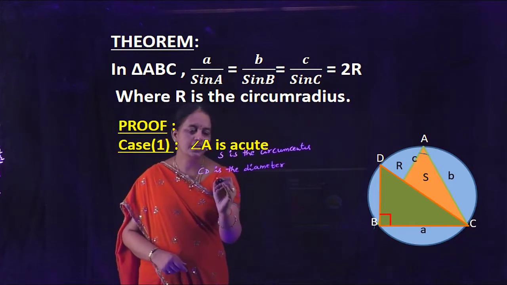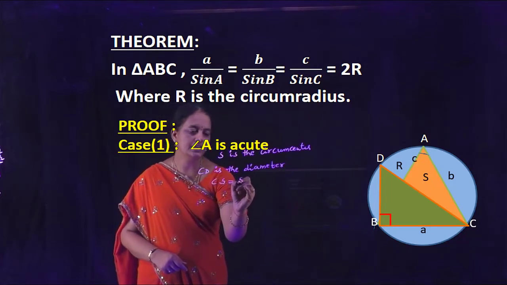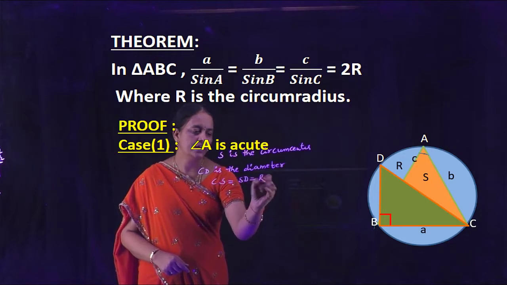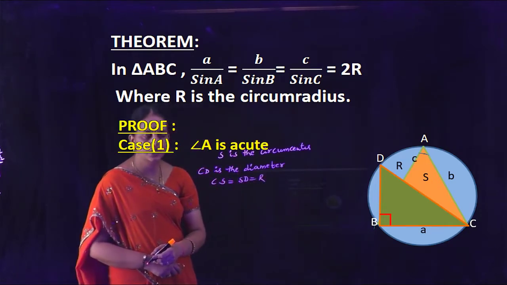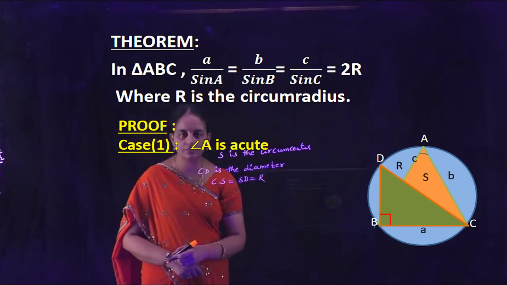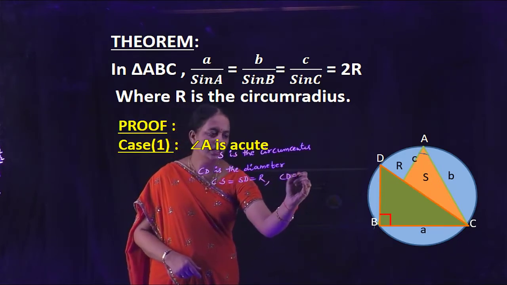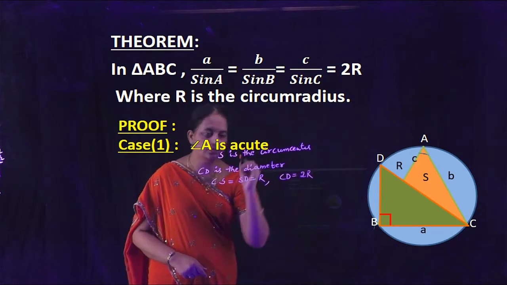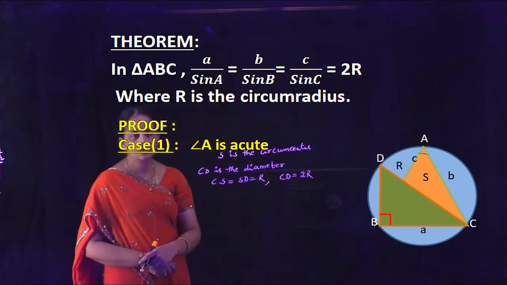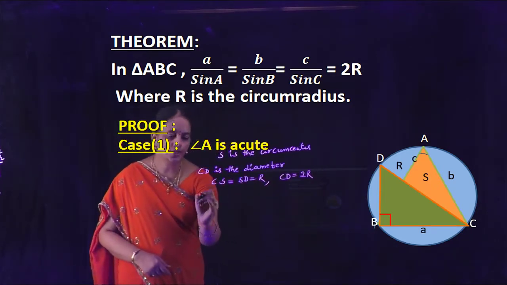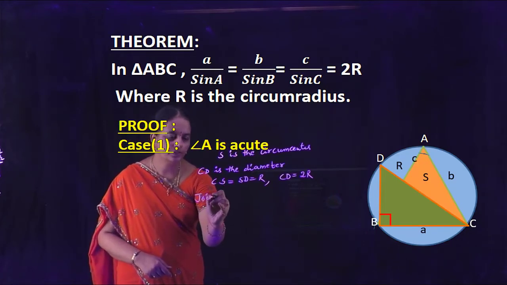Therefore, CS equal to SD equal to capital R, that is radius, and CD equal to 2R, diameter. Join BD.